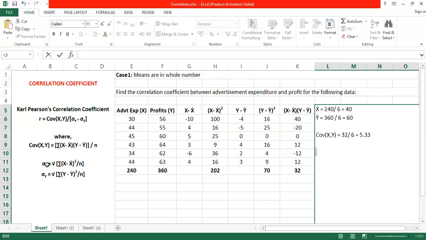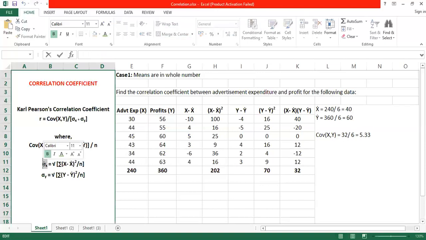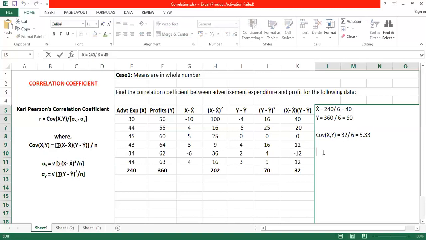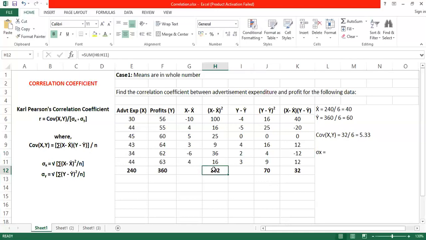Now we have to calculate sigma x. So what is our sigma x? The formula says under root summation x minus x bar whole square. So x minus x bar whole square and the summation is here.